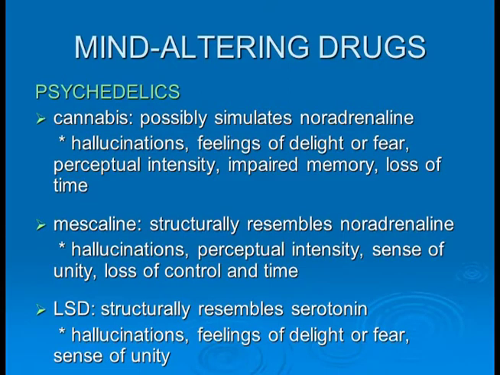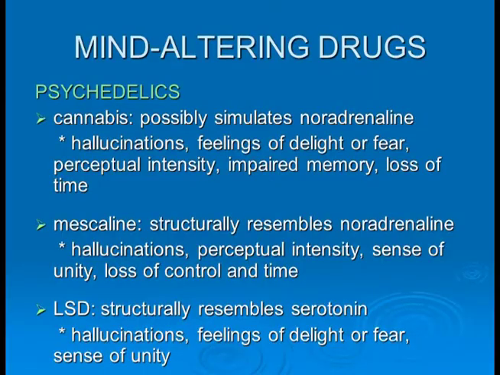Next category of mind-altering drugs is psychedelics. Cannabis, or marijuana as it's more familiarly known, although now that it's becoming legal in places, I think people are much more aware of cannabis as the term. Possibly it stimulates noradrenaline. With more natural mind-altering drugs like herbs and alcohol, it's harder to isolate the specific neurotransmitters that are involved.